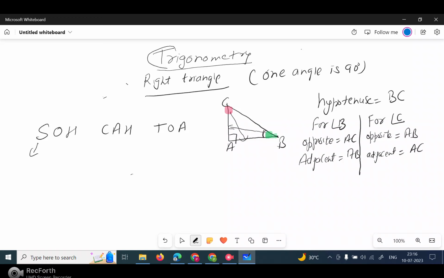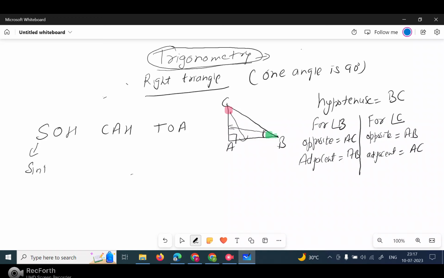Because in trigonometry we talk about trigonometric ratios, we explain the angles in terms of sine, cos and tangent, and we write them as the ratio of corresponding sides. Now S stands for sine.